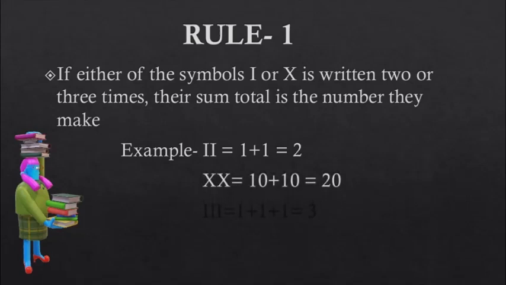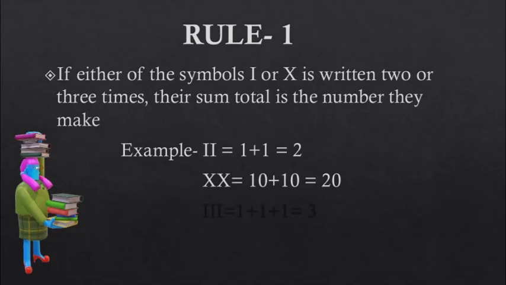If you write 2 times X, now 1 X is equal to 10, we saw in the previous slides. So 2X will be equal to 10 plus 10. 10 plus 10 is 20. So if you write 2X in Roman form, in international form it is 20.